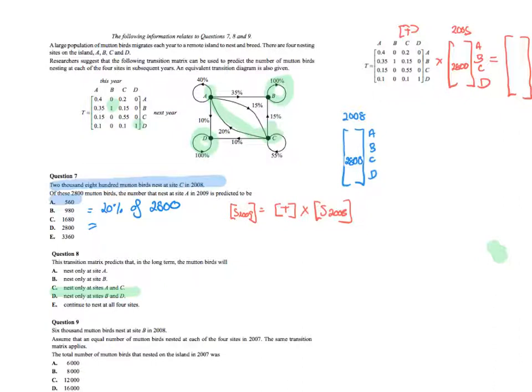So what you need to do is we've got to think about what's happened. So we know to get 2008, we would have to do the transition times 2007.